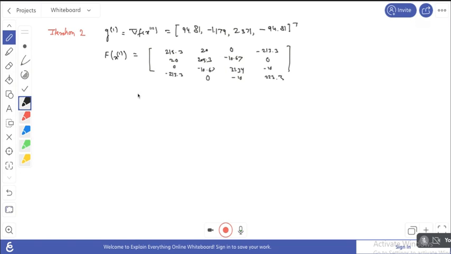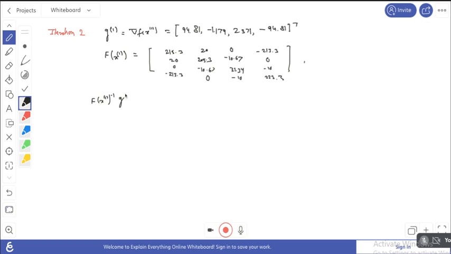Okay, and then what is the value of this F(x1) inverse? That inverse value, or we can directly write the product of that. So you find the inverse matrix, and then F(x1) inverse with g1.